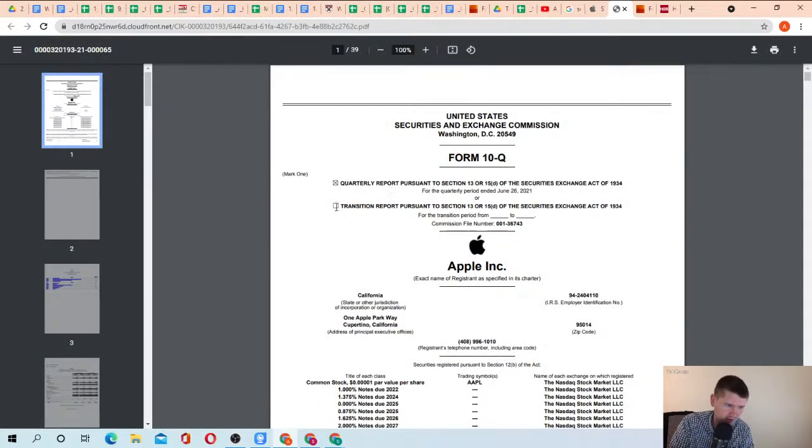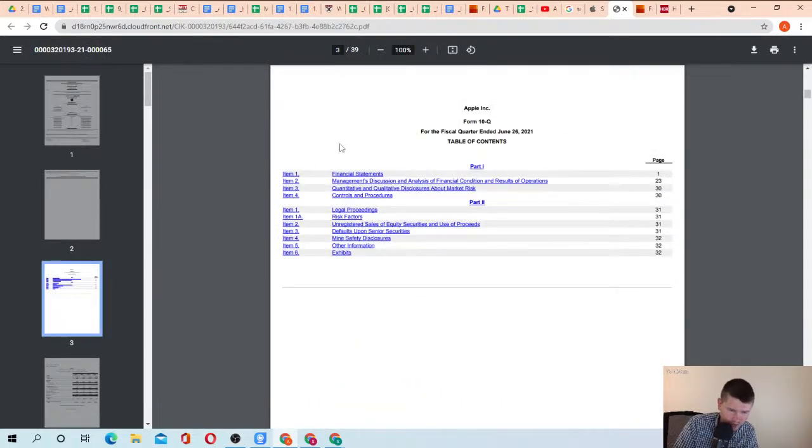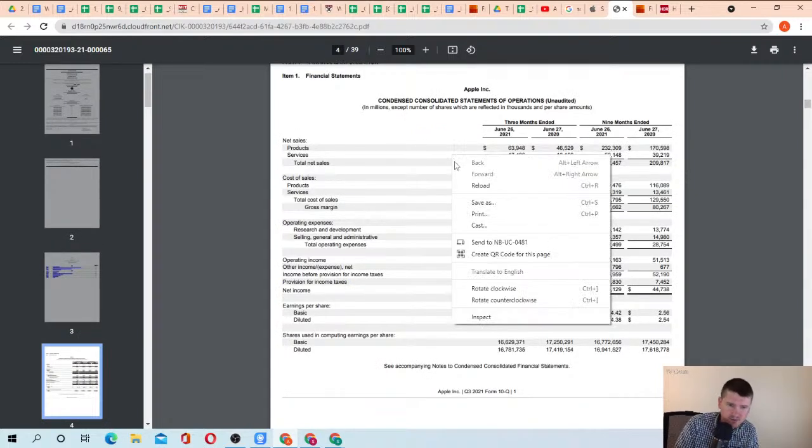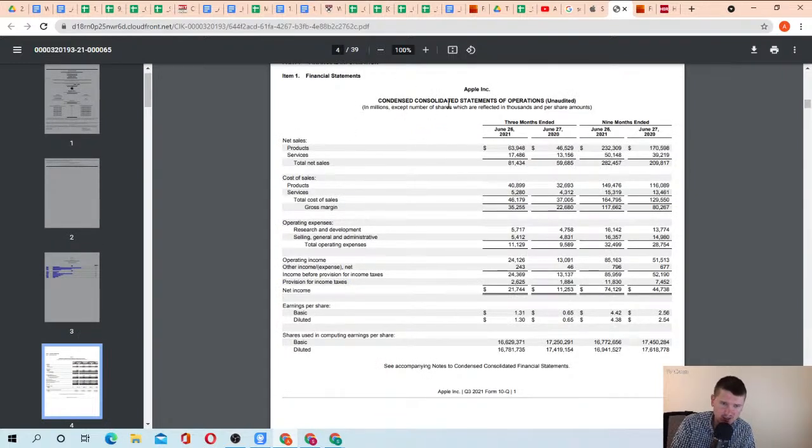Whom do we have here? Apple. Let's look at Apple's financial statements. So here is the income statement of Apple. We've already taken a look at it a couple of times. We've got products, we've got services, we've got total sales from products and services, we got cost of sales for both. We have research and development separately here.